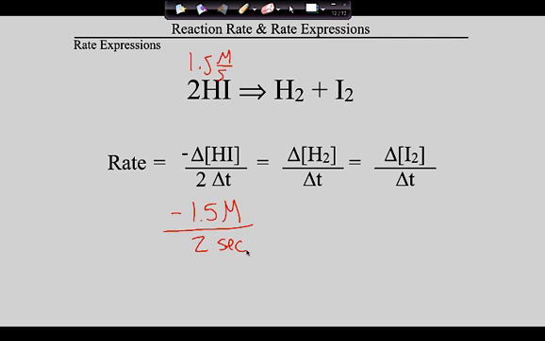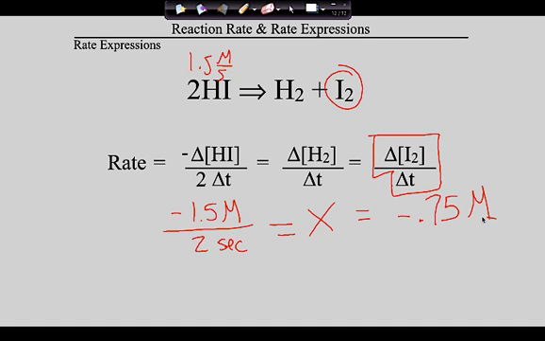And that is equal to, we said for I2, we want to solve for this. So that would then be our x. That's what we want to solve for. So it would simply be negative 1.5 divided by 2. So the answer would be negative 0.75 molarity per second.